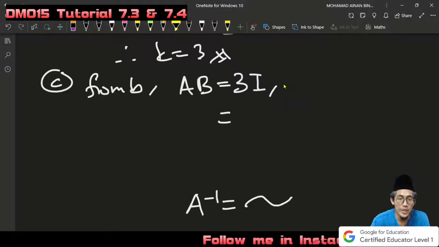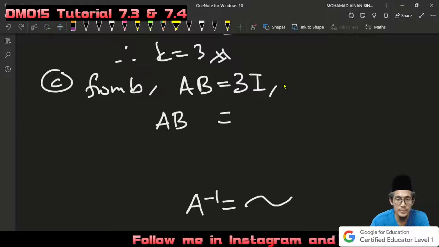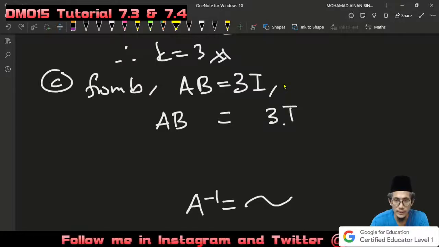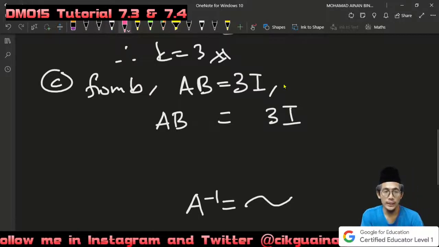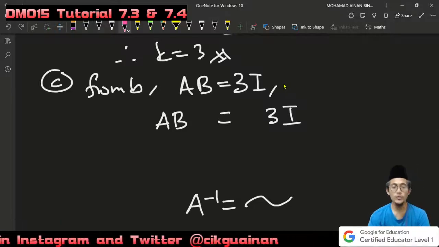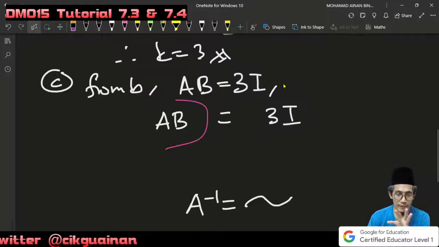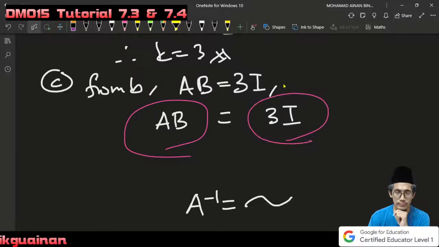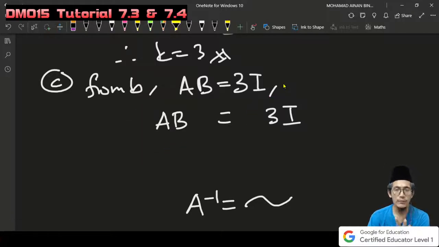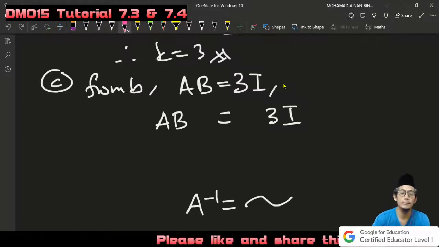Now, so we have AB over here. Saya letak tepi sikit. Okay, now, in order to get A inverse, we have to multiply by A inverse. Okay, now, we have left hand side, we have right hand side. Tapi tak kisah awak nak letak mana-mana, you have to make sure kamu letak dekat tempat yang betul.